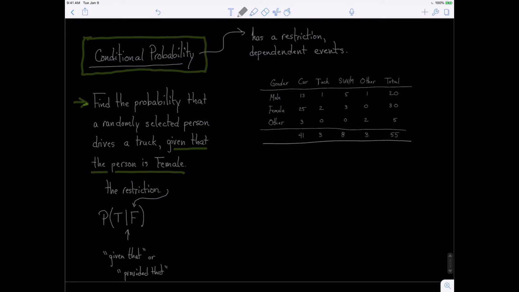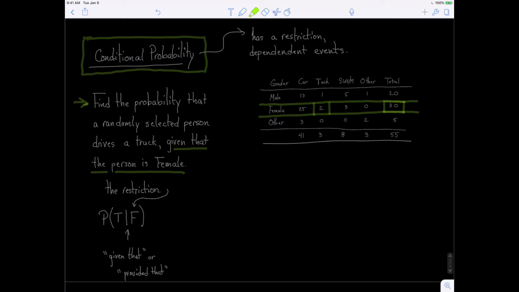Okay, let's take a look at this. In our problem, we're restricted to females. Females are this row here. So we want the probability that the person drives a truck given that they're female. There are only 2 females that drive a truck out of the 30 females.